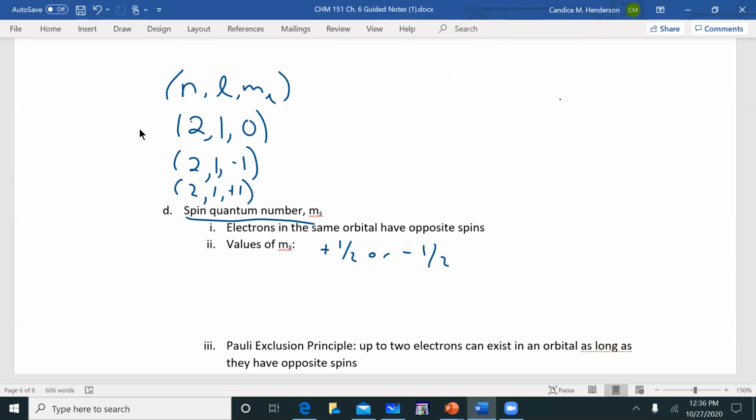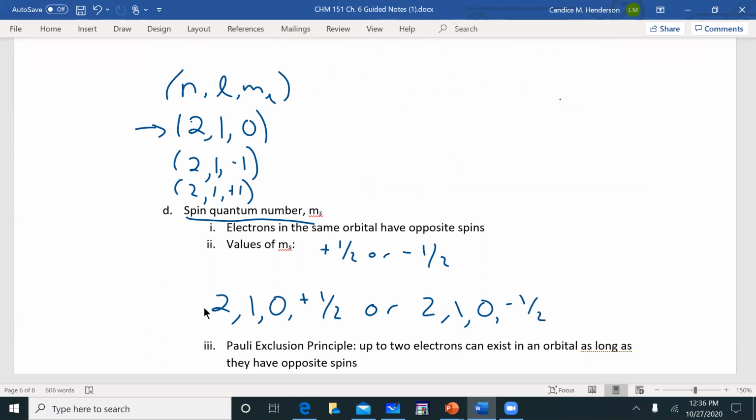So if we take this first one here and extend it with my ms number, I'd have 2, 1, 0, and I could say it's a plus 1/2 spin. Or it could be 2, 1, 0, and a minus 1/2.